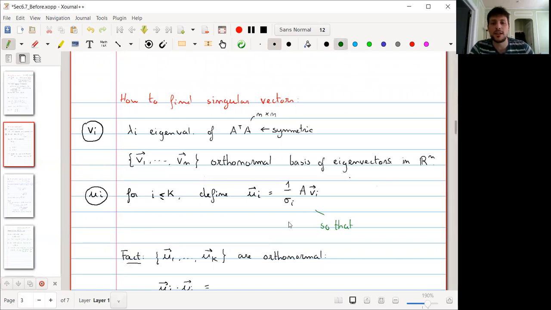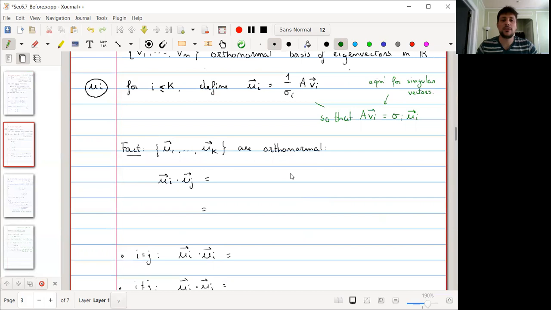The reason why we define it like this is that, if we multiply this by sigma i, we get that Avi is equal to sigma i ui. So we are forcing sigma i ui to be a singular vector. So this is the equation for singular vectors. It's their definition. So we define them like that.